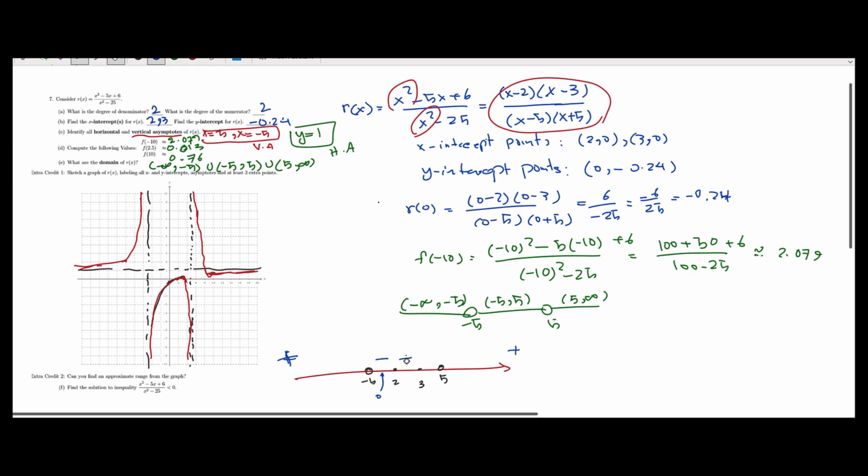Here at 2, the sign has to change. Here at 3, these are the zeros of the numerator, the sign has to change. And then at 5, the sign has to change. So the places where the sign is going to be negative are between -5 and 2, and 3 and 5. So -5 and 2, and 3 and 5. And we're not including 0 because this is strictly less than 0.